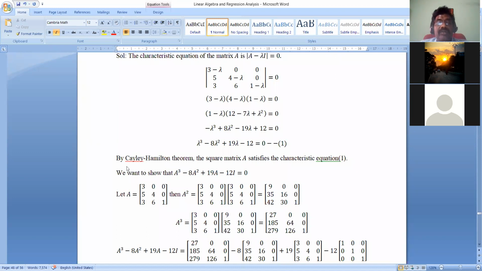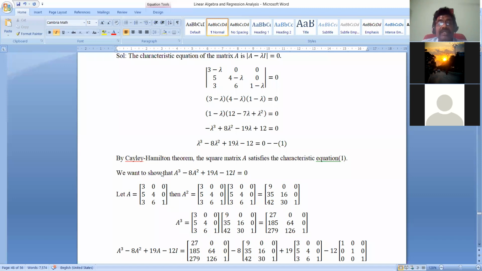Now we want to verify whether the characteristic equation of the given square matrix is satisfied by the matrix or not. By the Cayley-Hamilton theorem, the square matrix capital A satisfies the characteristic equation in equation 1.